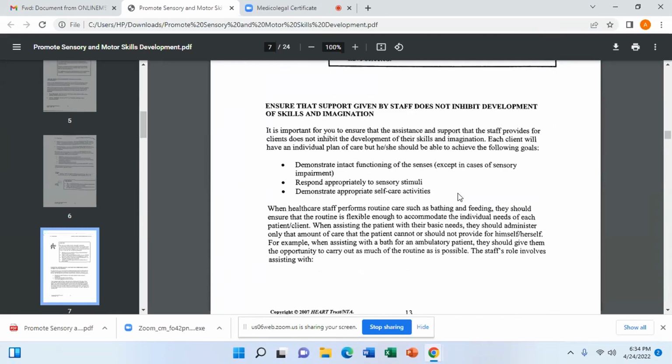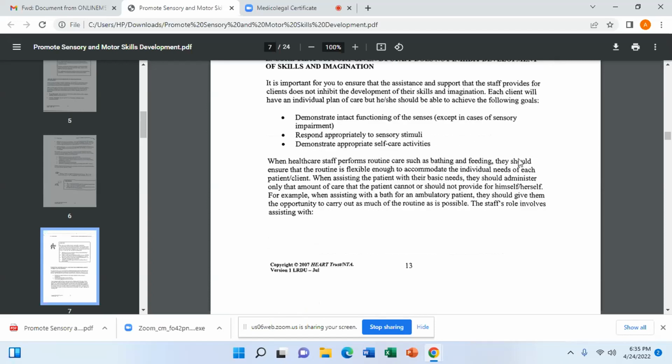Ensure that support given by staff does not inhibit development of skills and imagination. So it is important for you to ensure that the assistance that you provide doesn't inhibit the skills and imagination of the patient.